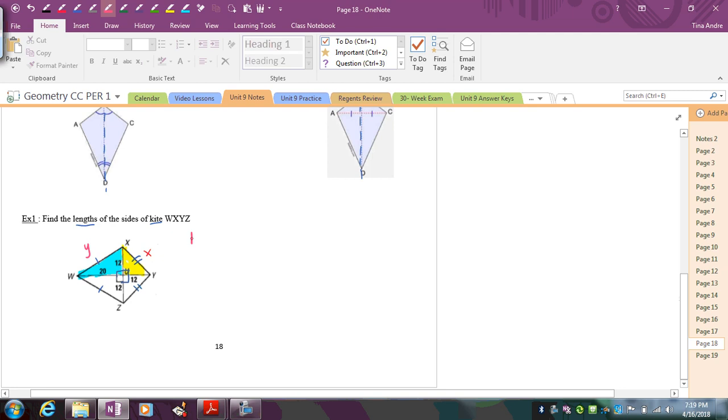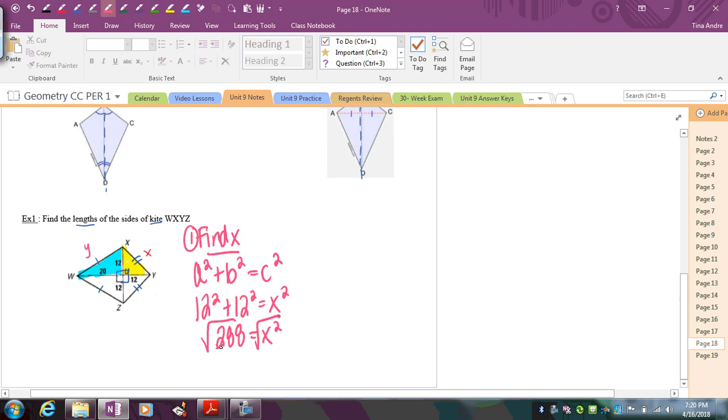So for X, I'm just going to write out the Pythagorean theorem first. A squared plus B squared equals C squared. So I have 12 squared plus 12 squared equals X squared. So I have 144 plus 144, so 288 equals X squared. Square root both sides, and I'm going to break this down into simplest radical form.